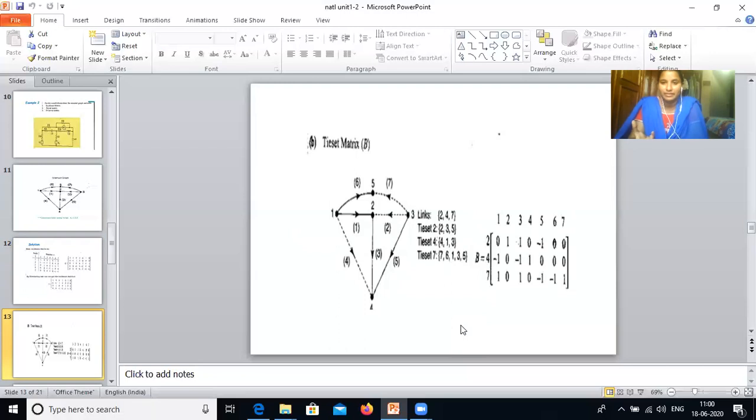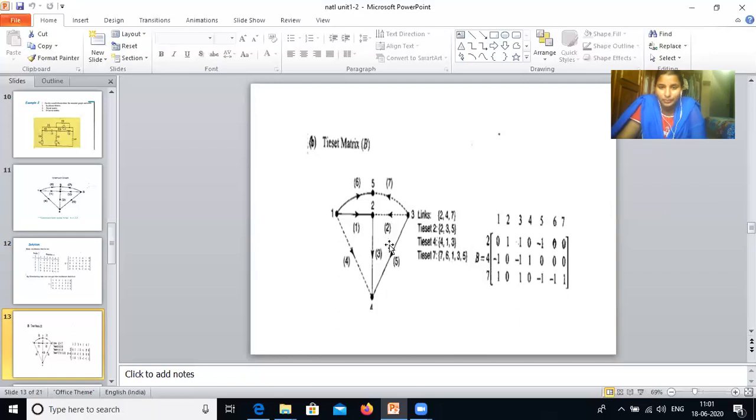That loop is taken as a tie-set. How many links are there? That many tie-sets we get. So if we add the second branch, what is the loop we get? The tie-set is 2, 3, 5.